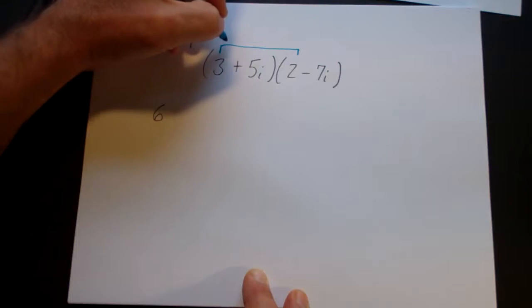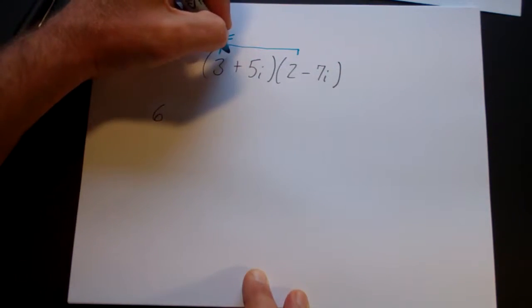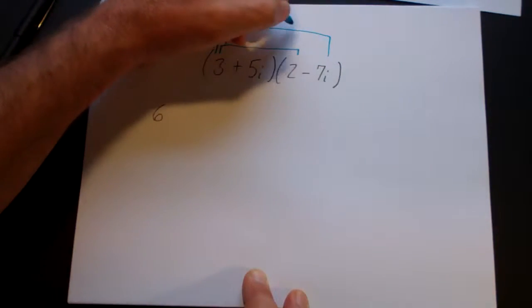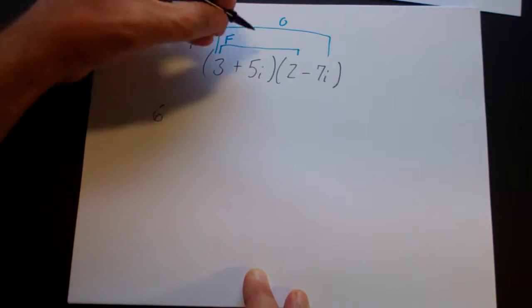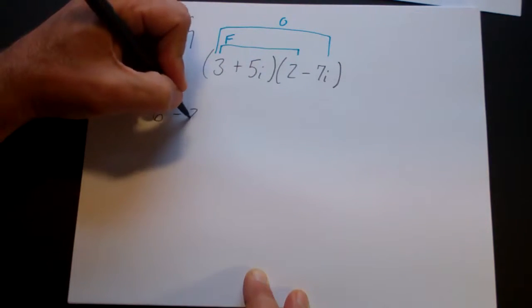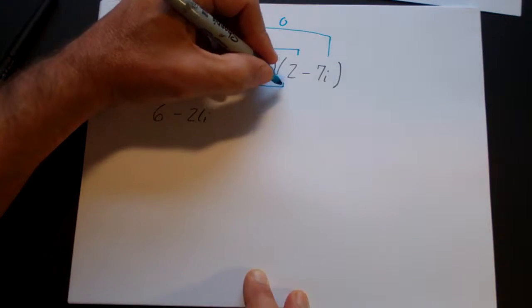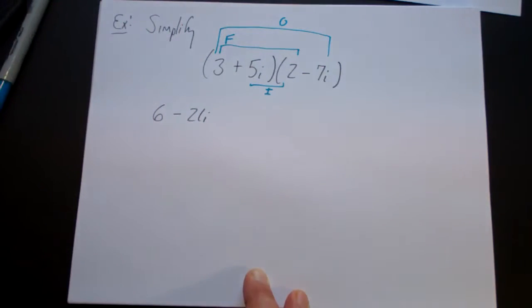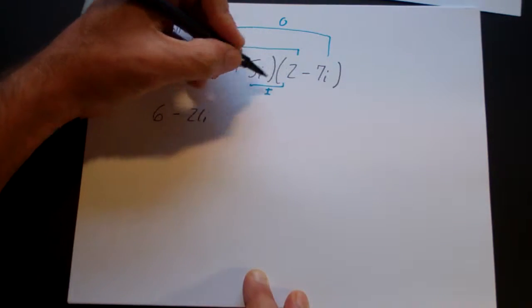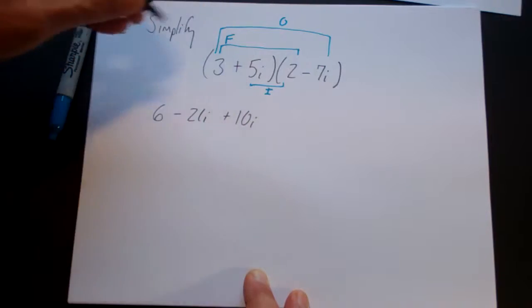That's the F. You have O. O stands for outside. So you have 3 times minus 7i, which is minus 21i. You have I for inside. 5i times 2 is 10i.